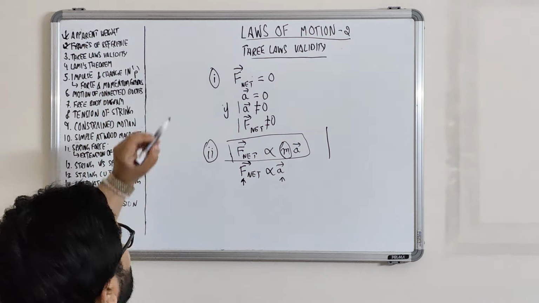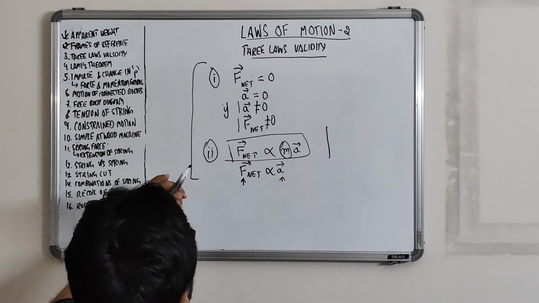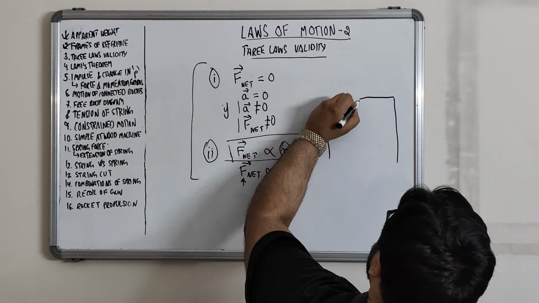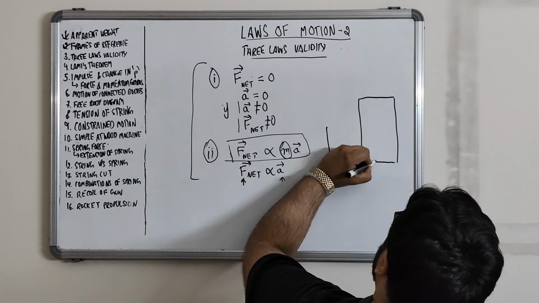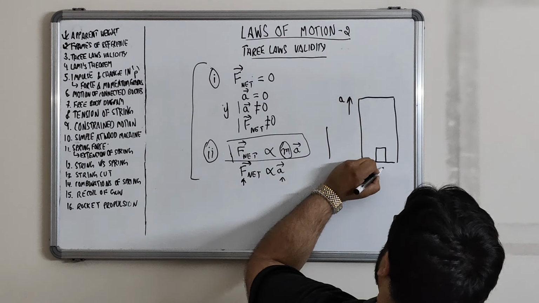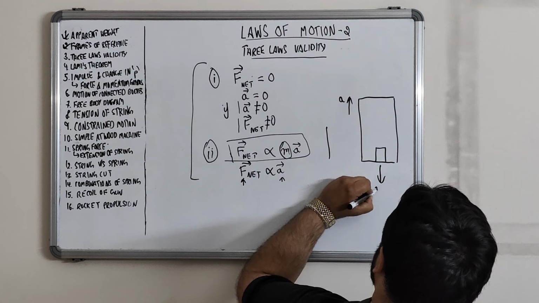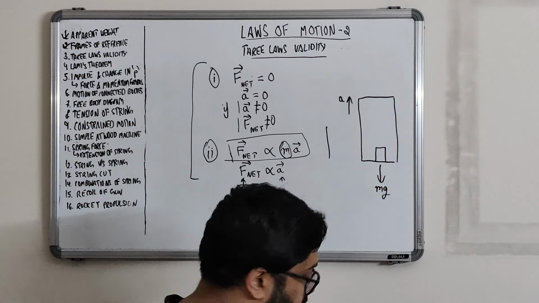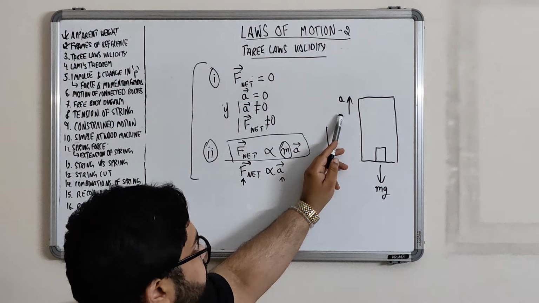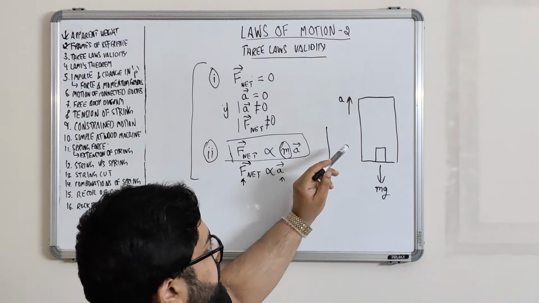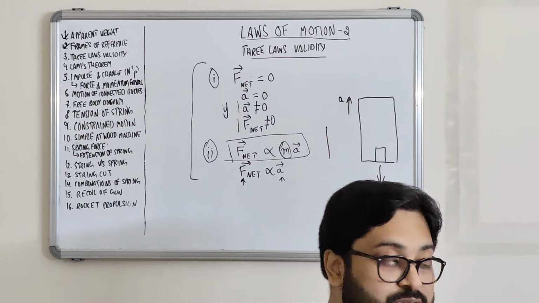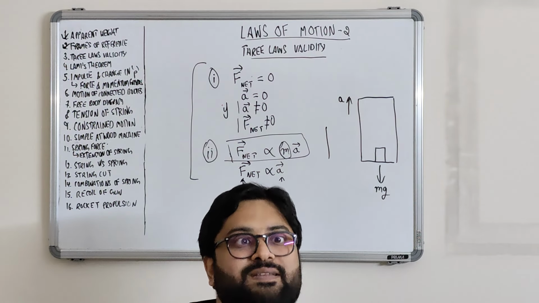But here's the problem. If you remember the apparent weight of the lift, now this is accelerating upwards. The normal weight is mg. Think about it for a second. This lift is accelerating, but to the person inside the lift, who is in an accelerated frame of reference, the lift is not accelerating.